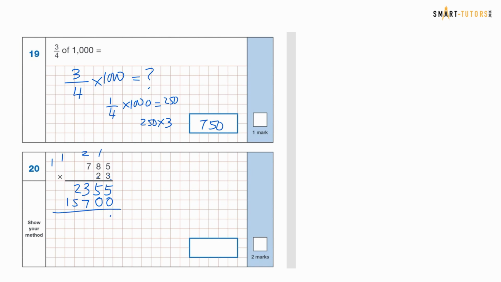Then you do 5 plus 0, 5 plus 0 again, 5, and then 3 plus 7 is 10, 2 plus 5 equals 7, carry over 1, which is 8, and then 1. Well done. That is the answer for question number 20: 18,055.